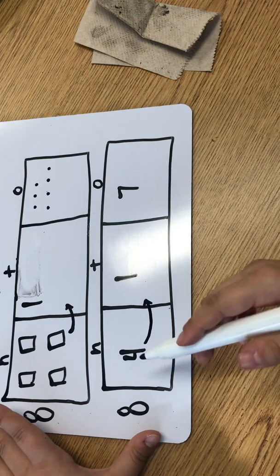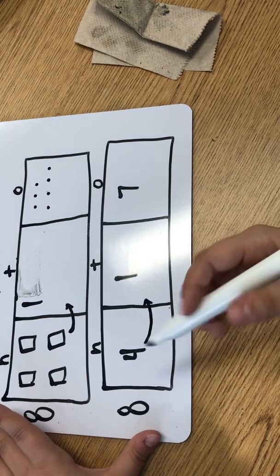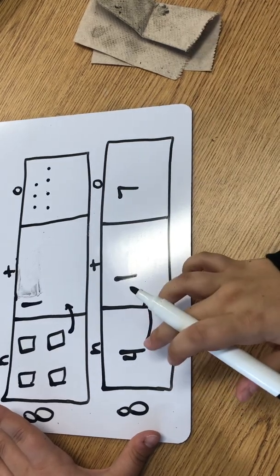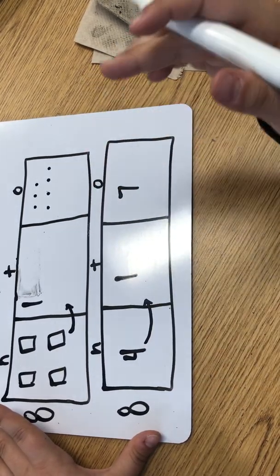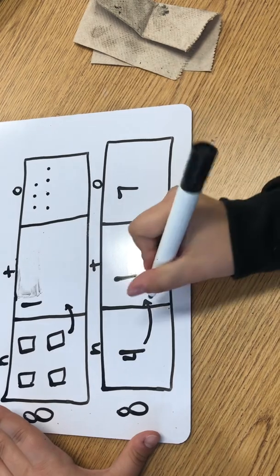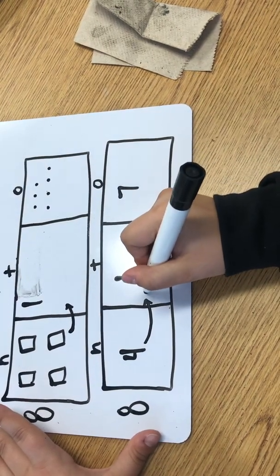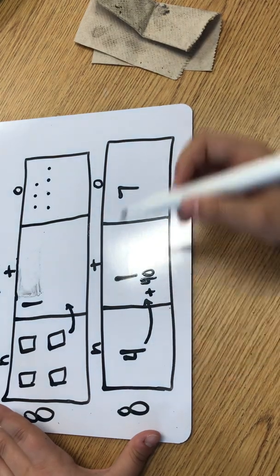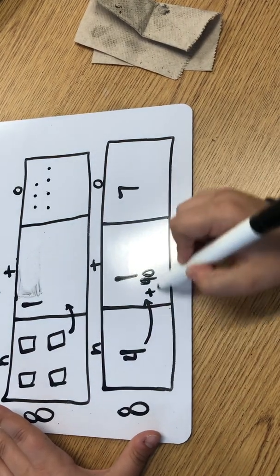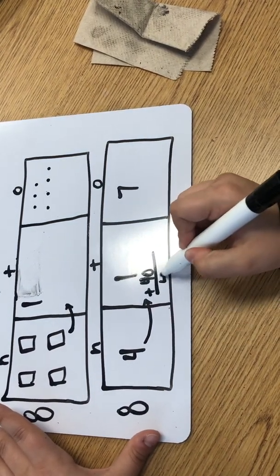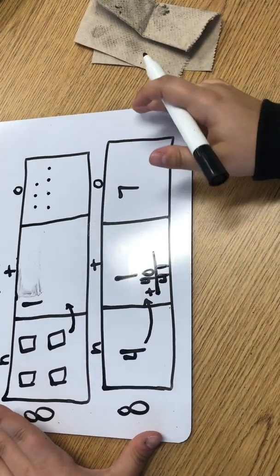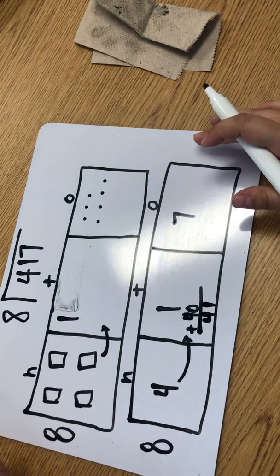But because this is 400 and not 4, I need to remember that 400s is also equal to 40 tens. So I can take 1 and add 40. Remember, because that's my 400s, it's 40 tens. And I'll get 41.